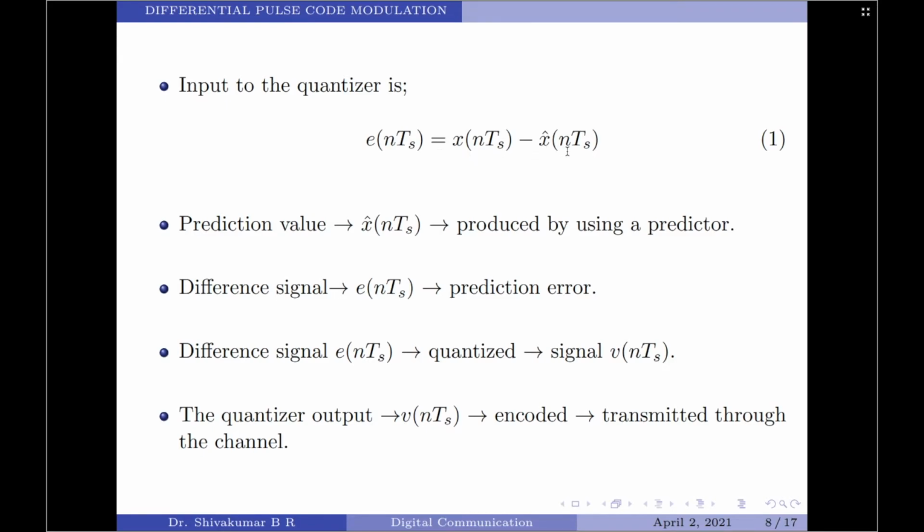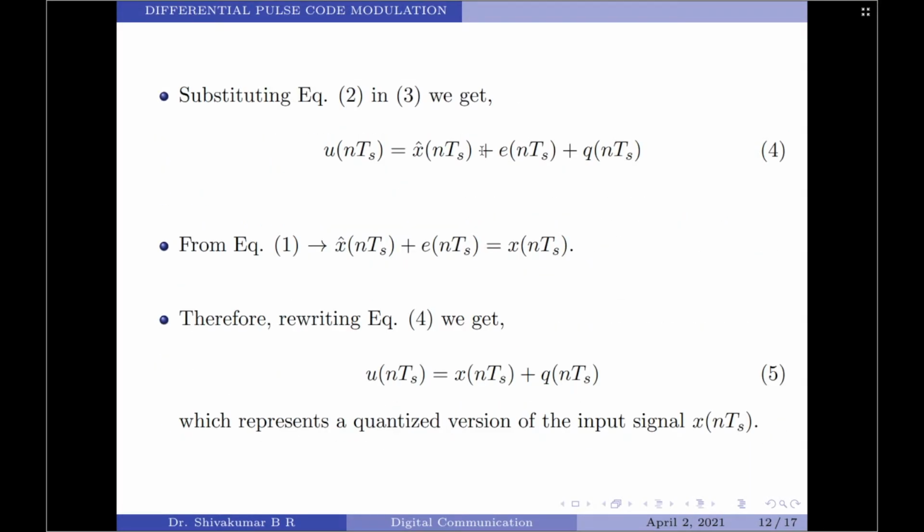So, I can write x cap of nTs plus e of nTs equals x of nTs. I can substitute this in equation 4, that is, these two terms add up to give x of nTs. So, equation 4 is now modified to u of nTs equals x of nTs plus q of nTs.